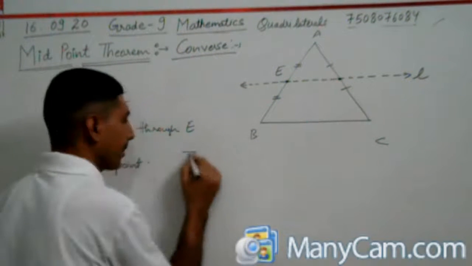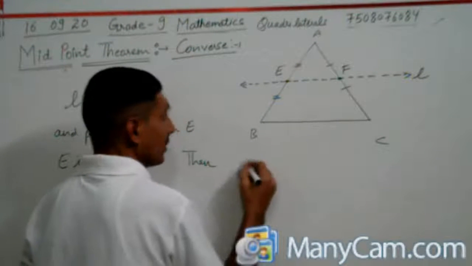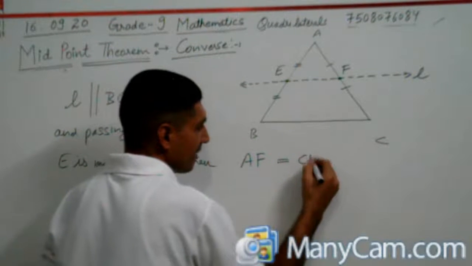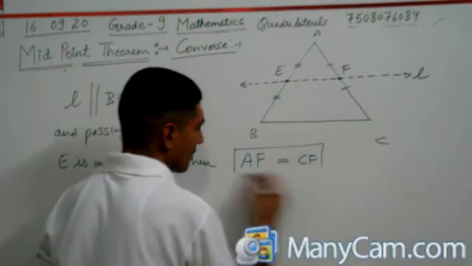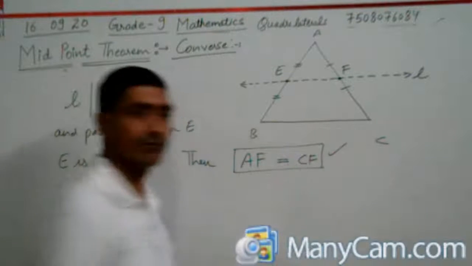Then the next point is F, AF is equal to CF. This thing will be there.